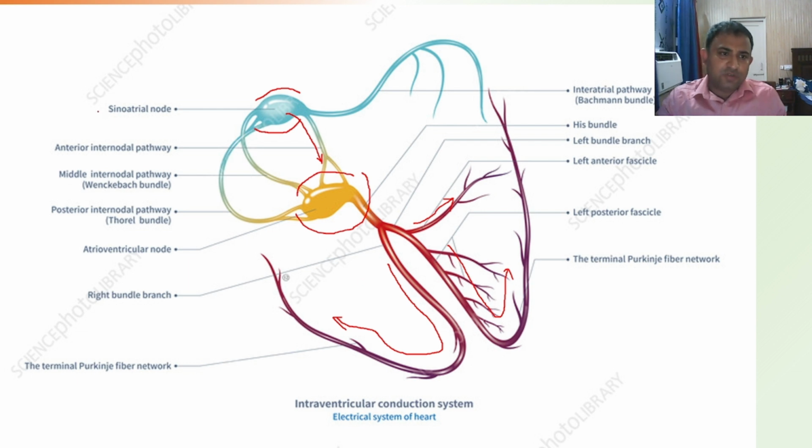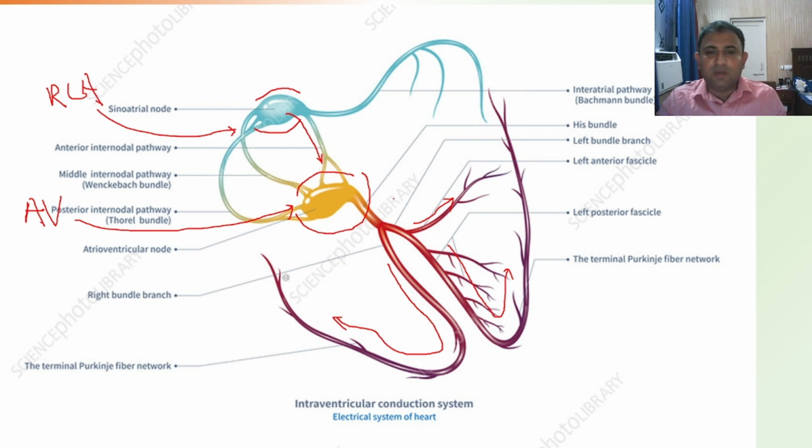We must also know that the sinoatrial node, in around 55% of cases, is supplied by the right coronary artery. The right coronary artery also supplies the AV node via the AV nodal branch. The bundle of His is supplied by the perforating septal branches, the interventricular septal branches of the LAD.